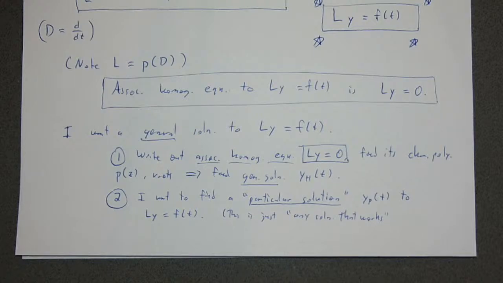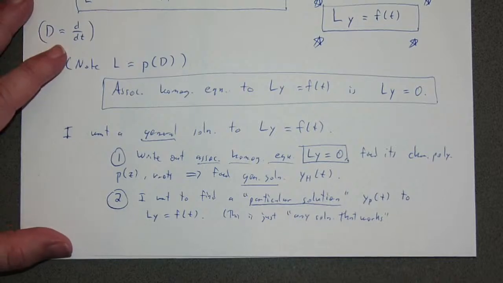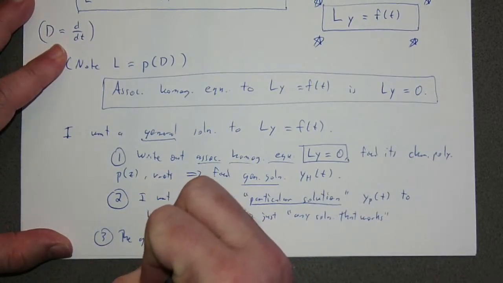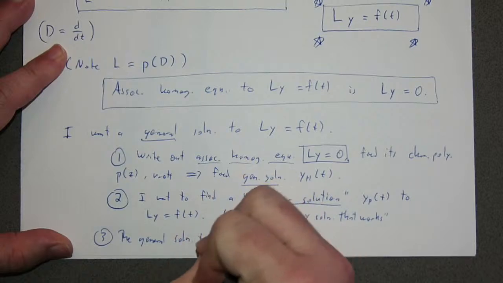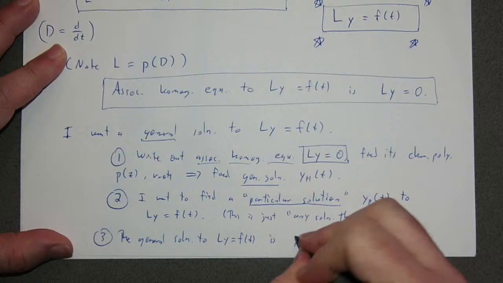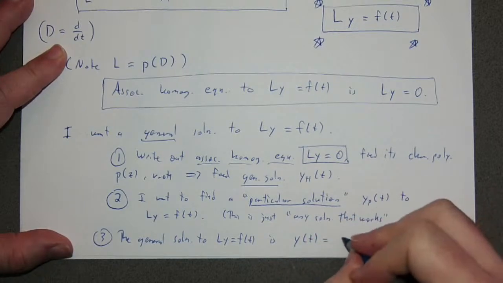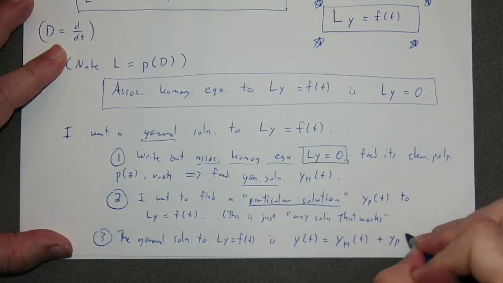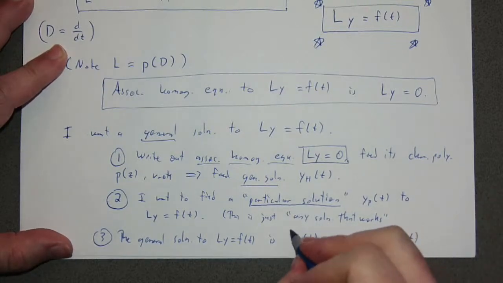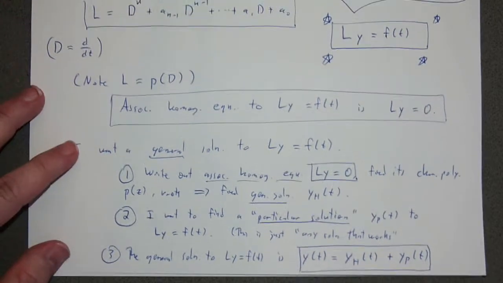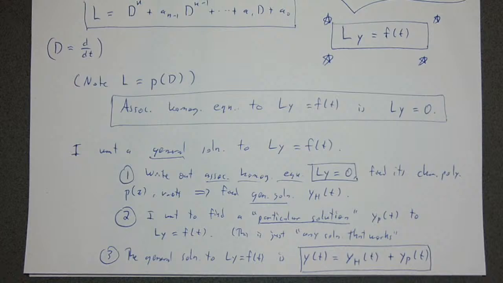Once I have found this particular solution, the general solution to Ly equals f of t is y of t, which is the homogeneous solution, y sub h of t, plus the particular solution. And there it is.